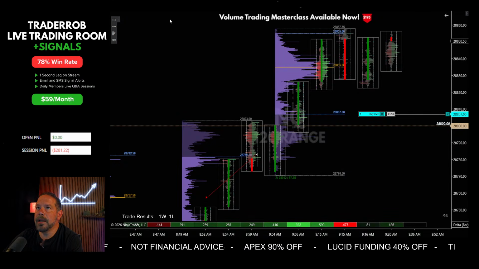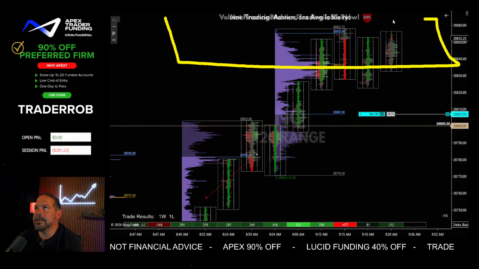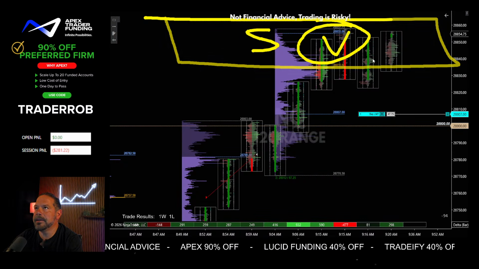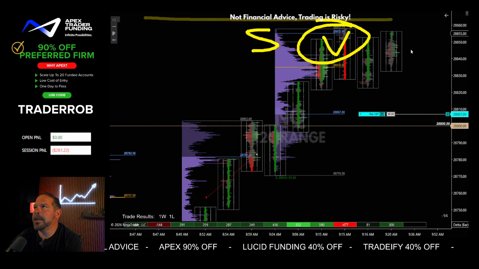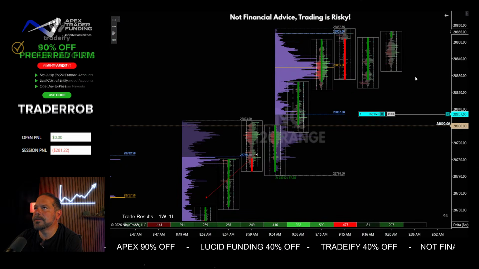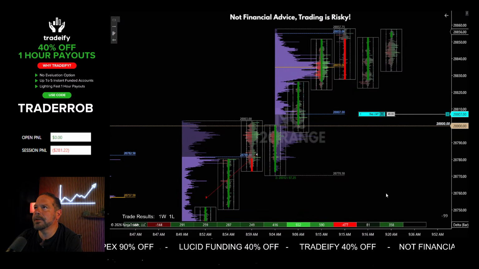Vice versa, if we were in a seller unbalanced volume area sitting up here, I would not be longing into that unbalanced volume area, which we're currently not, so we don't have to worry about that.